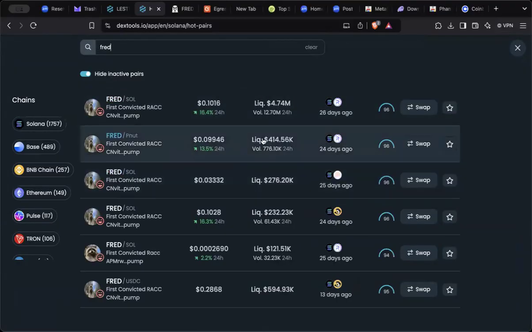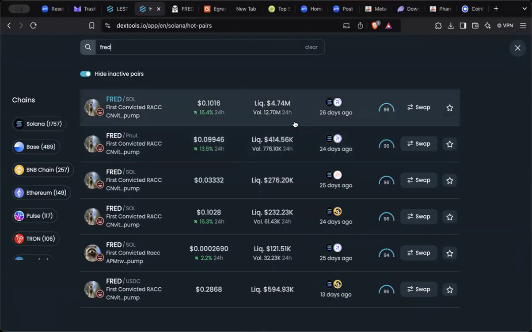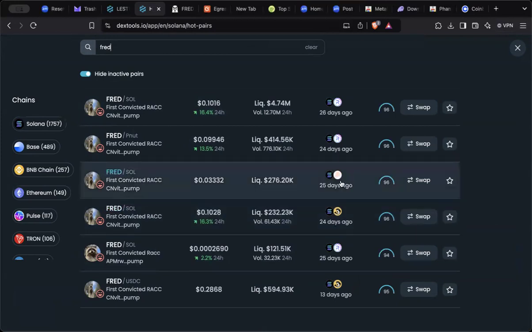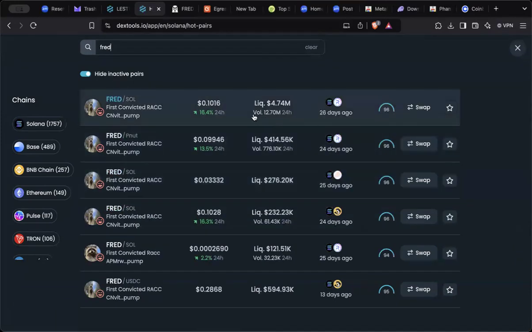To make sure that it's the correct one, look at the liquidity. The liquidity, that's the one. It will always be at the top. And also the amount of days, because these are different ones. So always make sure you go onto the right one. Always check the information. Put a star by it, so you have that as a favorite for next time, just in case.